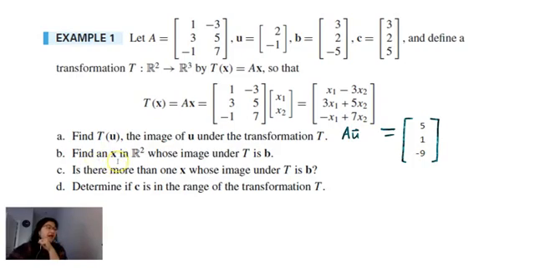For finding an x in R2 whose image under T is b, we need to take this A, and then we need b to give us an augmented matrix. And then we can do row reduction to get our solution. So let's try that in MATLAB.